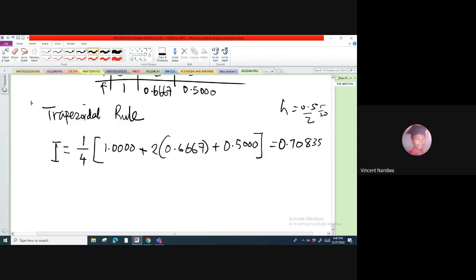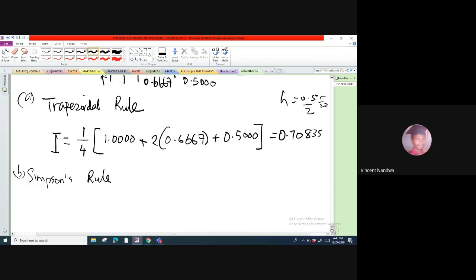And then Simpson's rule. Remember, I said when they say Simpson's rule without specifying, you know that they are referring to the third rule.